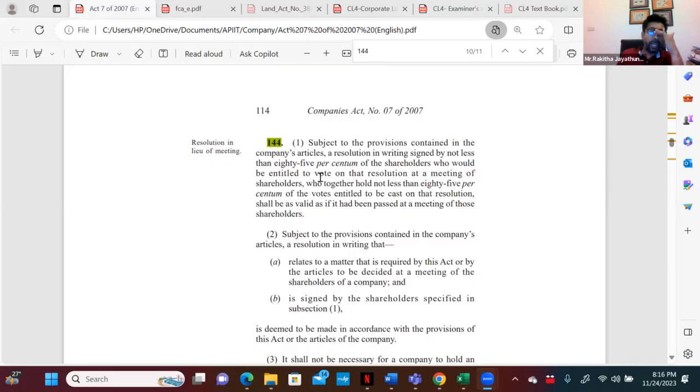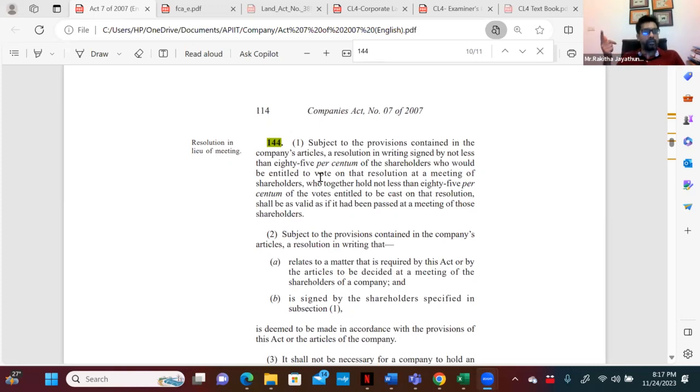Then you have to explain how you can pass a resolution in lieu of meetings. Not basically the procedure, well, kind of the procedure also, but the percentage. Normally, if you take an ordinary resolution, you need a simple majority, more than 50%.